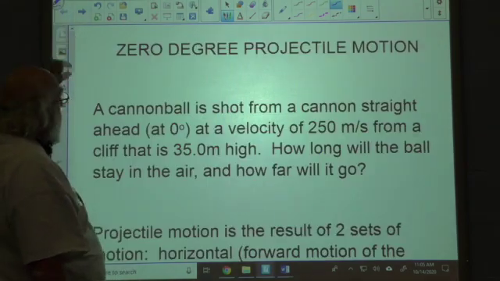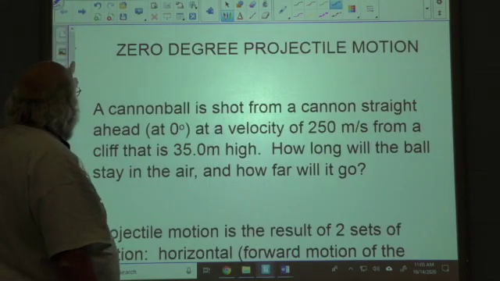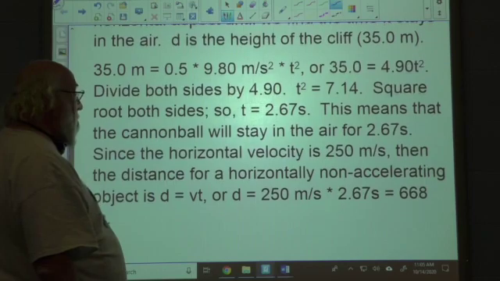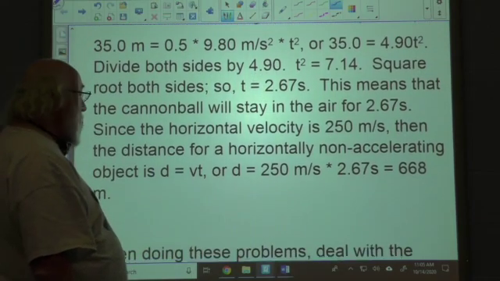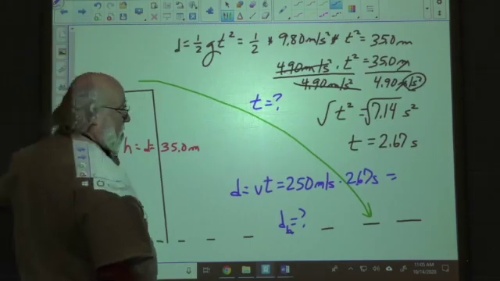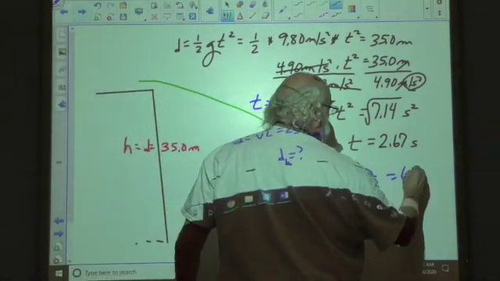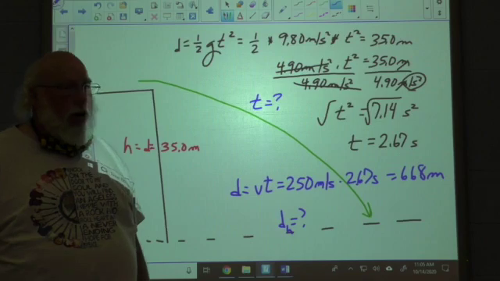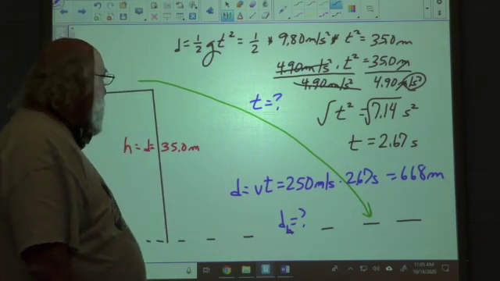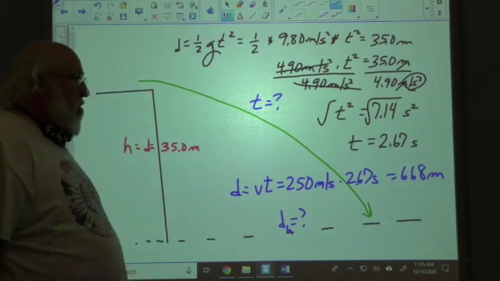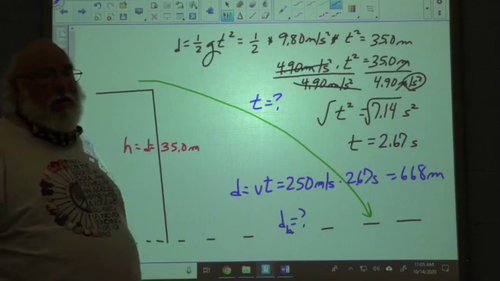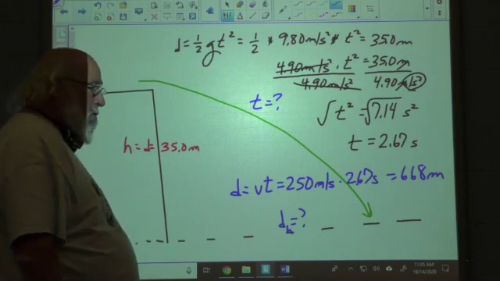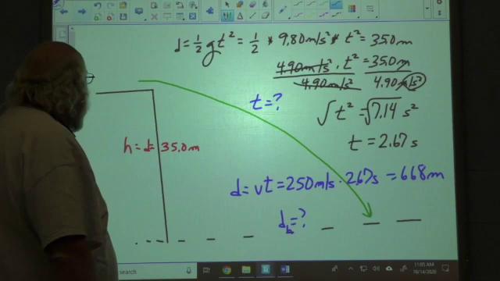And that turns out to be, again, this has been calculated, 668 meters. So just right around 7 football fields long, but it only takes less than 3 seconds to get there. So that's a pretty high-powered cannon, but typical.